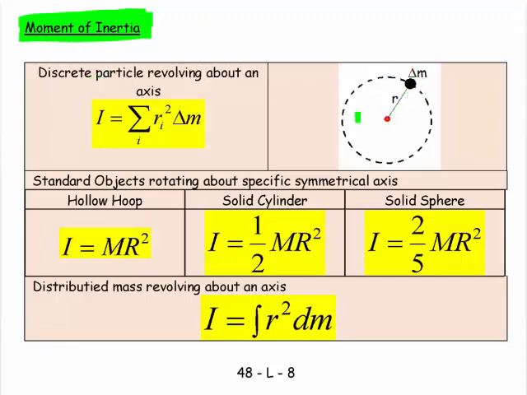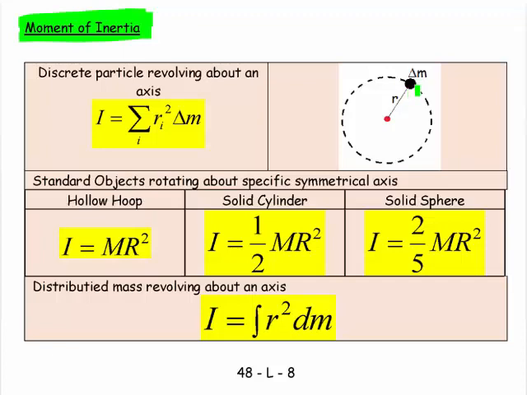It's connected somehow to a turning axis and it's revolving around. And we say, well, what's its inertial effect? It's going to cause a reluctance to angularly accelerate. It's going to try and continue going at the same angular velocity unless we do something to it.